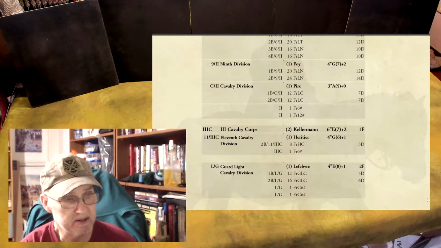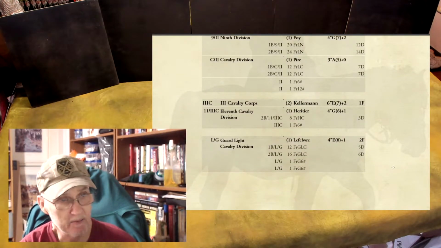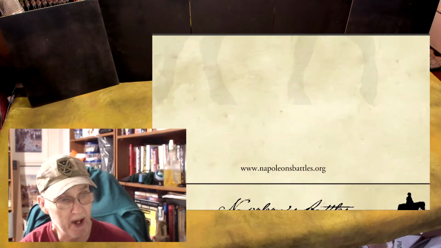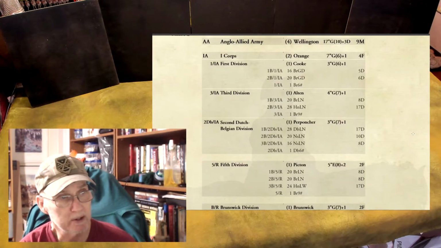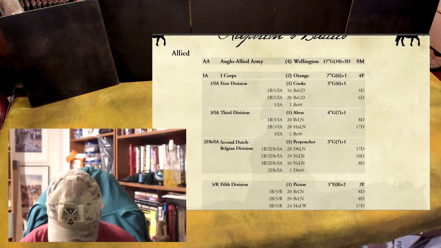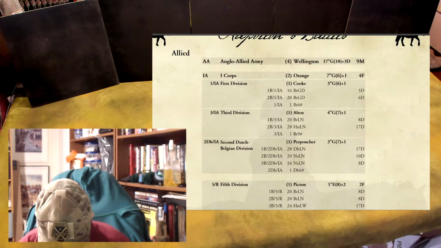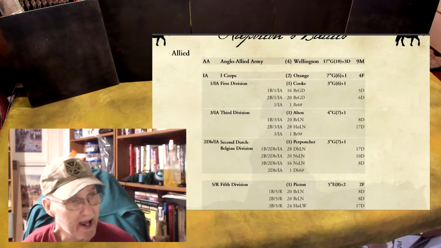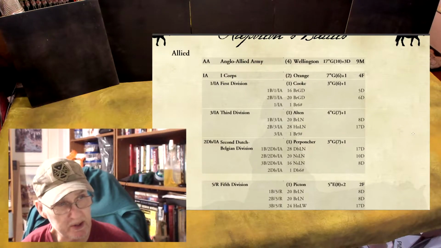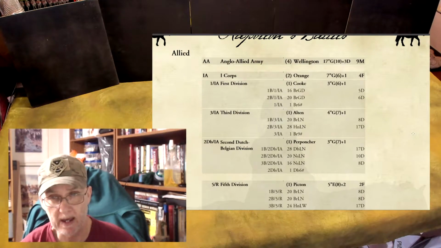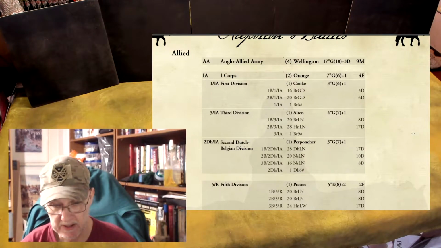Now let's just get rid of the Kellermann and the Guard. We're just going to scroll down beyond that. Okay, when you look at the Anglo-Allied, you have Wellington, and because he's kind of like an army general and not just a wing general, he's not like Ney, because Ney is not an army general.